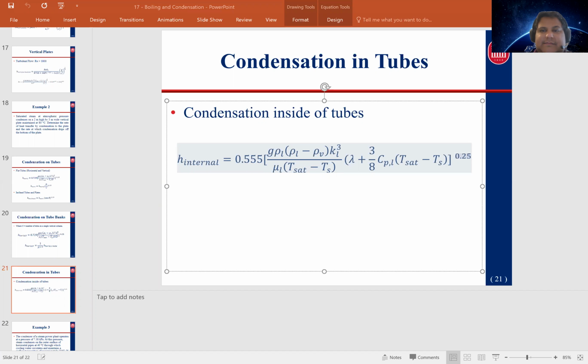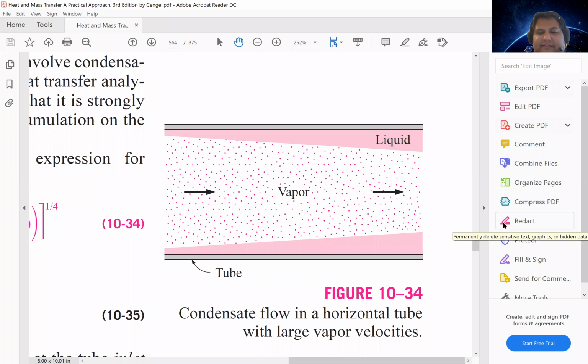And I can zoom in over here and share this PDF. As you see, if you have condensate flow inside a tube, eventually this liquid is going to just exist entirely within the tube. But that film thickness is going to get higher and higher, and you're going to have such a great heat transfer resistance for that phase change.